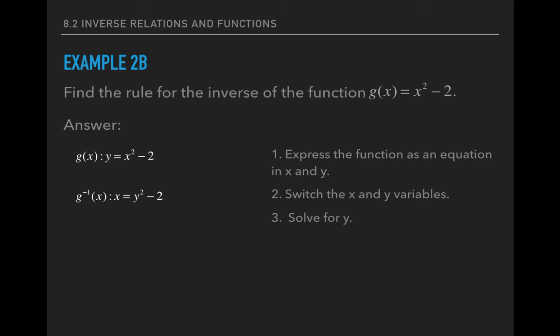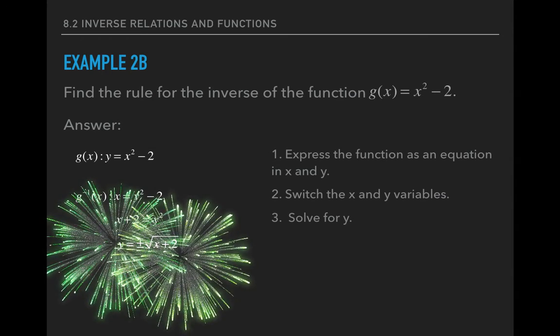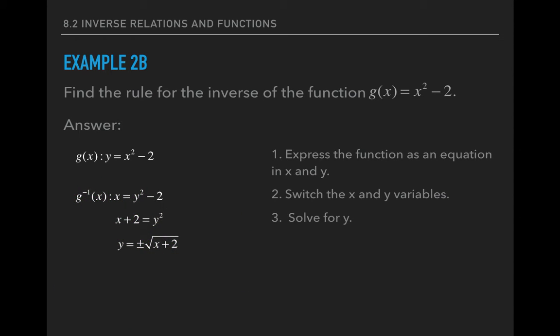And then you would solve for y. The first thing you'd want to do is add 2 to each side. And then to get rid of the square, you would need to perform the opposite operation of squaring, which is taking the square root. And we have to denote that it could be the positive or negative root.